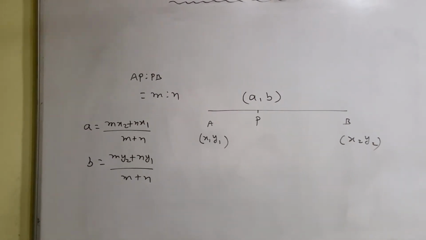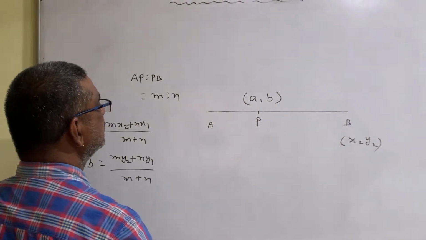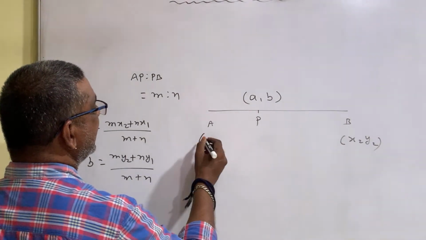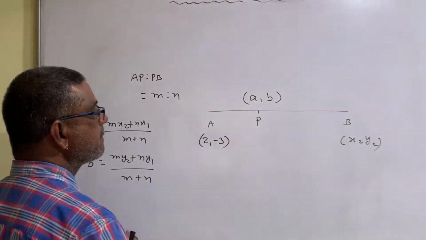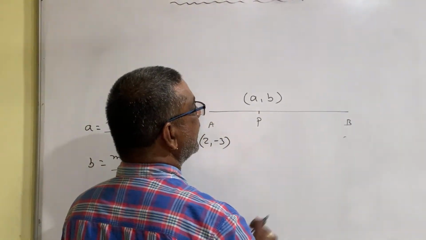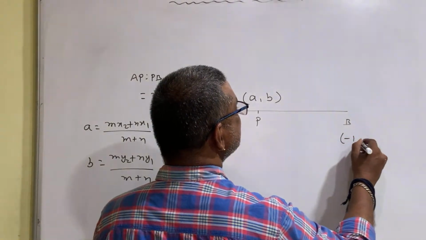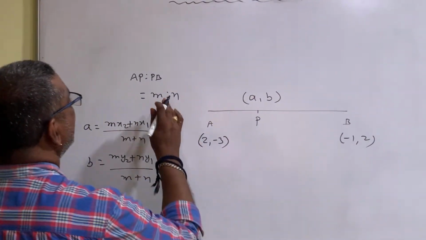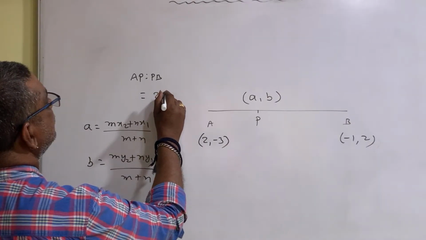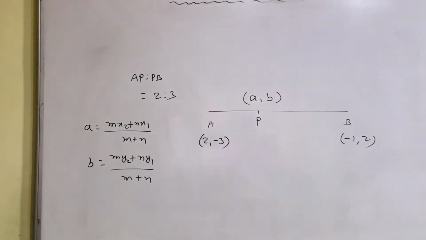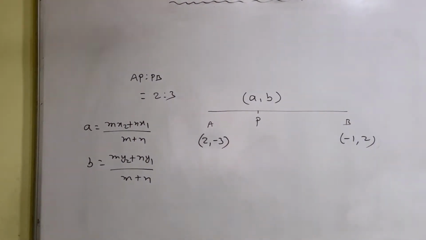We will see this with the help of an example. Suppose the coordinates of A are 2, -3, coordinates of B are -1, 2, and the ratio is 2:3.